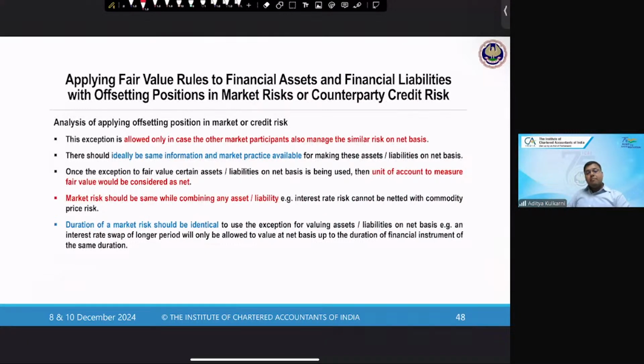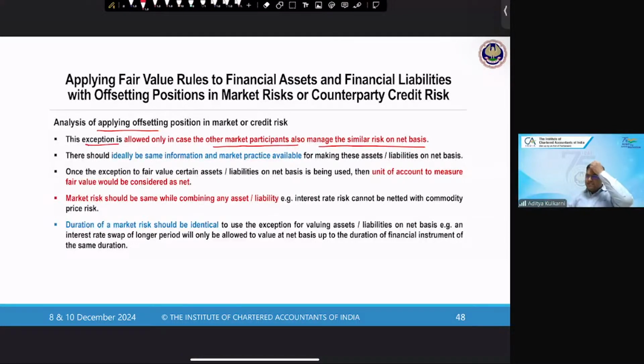When you are applying an offsetting position, suppose you elect the choice that let us do net settlement valuation, you are allowed this as an exception. Ideally you should be measuring the receivables and payables separately, but here you have this exception only if other market participants also manage the similar risk on net basis.